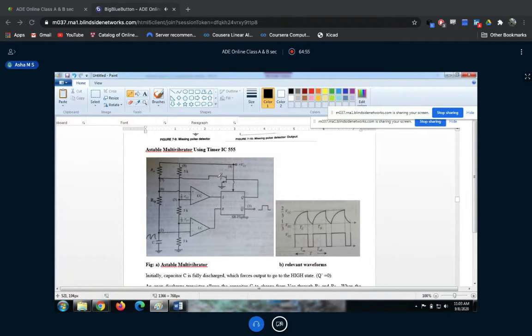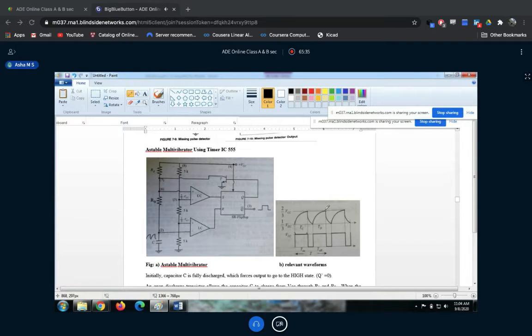Let's assume that initially the capacitor voltage is zero. Then what happens here? The capacitor will charge to VCC through RA and RB. It charges through both the resistors. So what happens in the on time here? Let's assume that our output is in the on time. Since this is on, this is off, and this transistor is off, and the capacitor is charging.